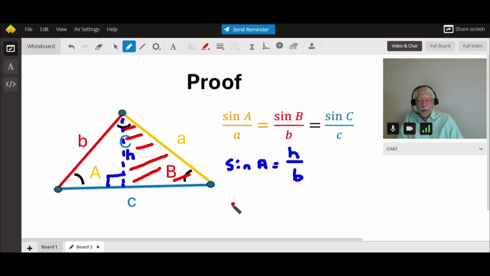And we know that the sine of B is equal to what? h over, that's the opposite side right here, h over its hypotenuse, which is just a.